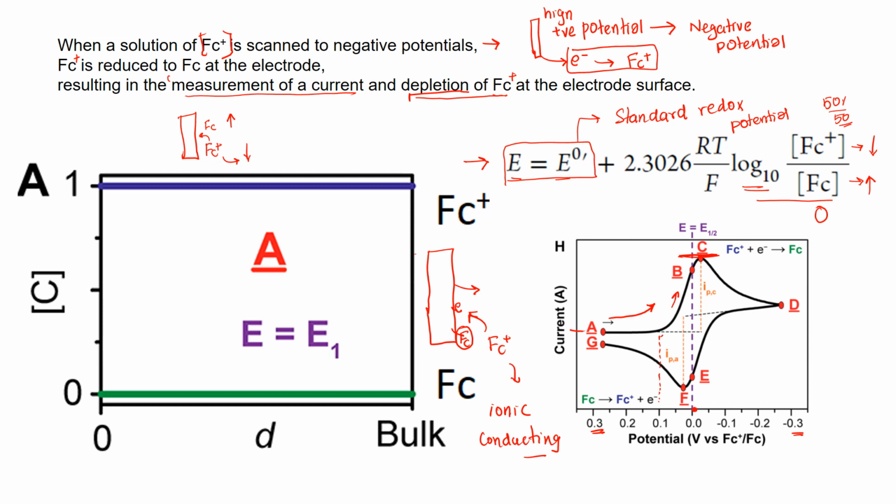Now here there's a graph given. The green represents the amount of Fc, and the blue represents the amount of Fc plus in the electrolyte. This is very important. This is in the electrolyte near the electrode.